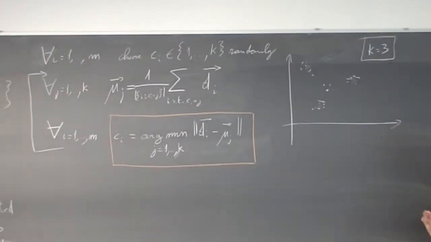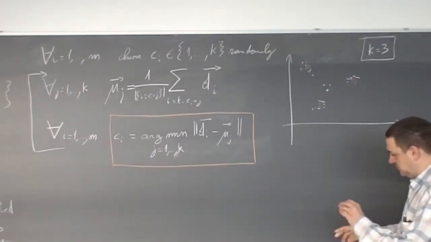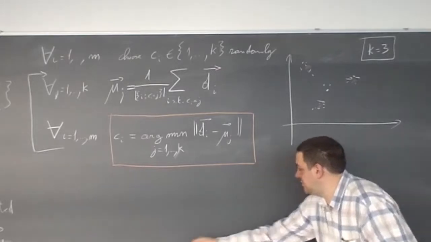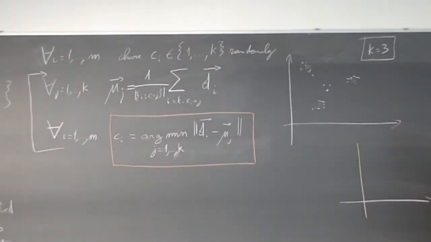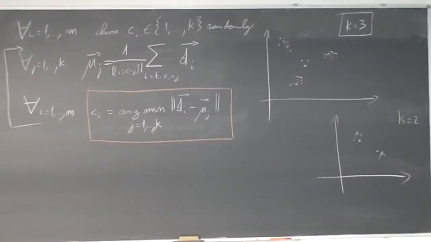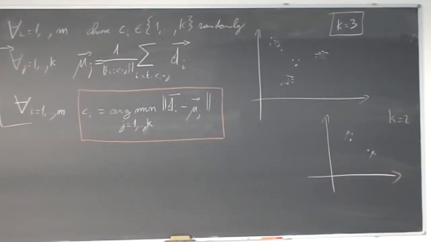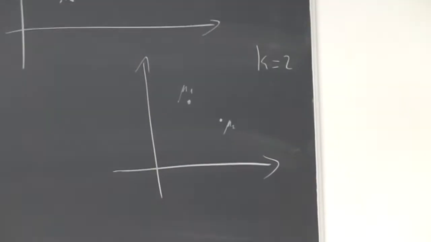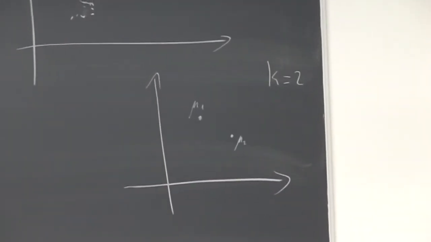If I ask you, let's start from 2 points. So consider the case k equal 2, and suppose that we have 2 vectors, mu1 and mu2. And I ask you, what is the set of points that are closer to mu1 with respect to mu2?